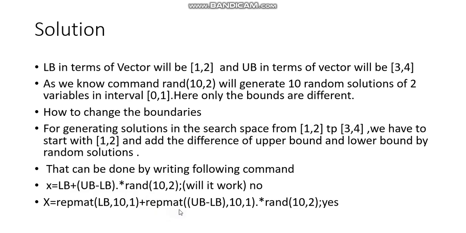Plus, then I will write wrapmat(UB minus LB, 10, 1). So it will create 10 copies. And then I will write dot star, because I will be multiplying these values with the random values. Then this will implement the desired operation. It will create the whole initial population in one go.